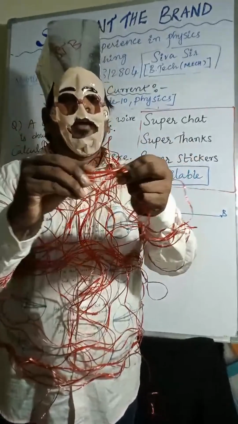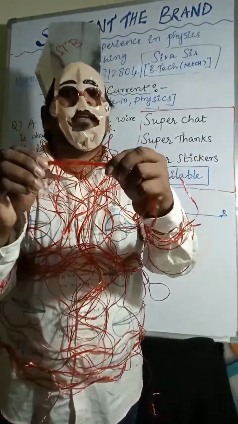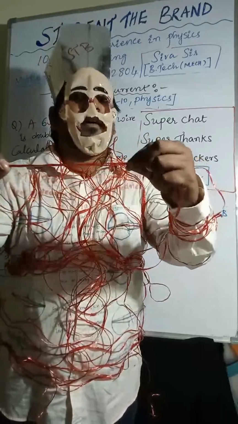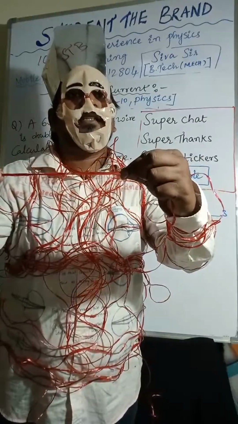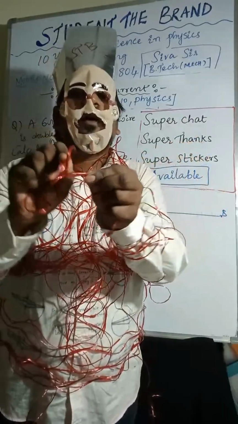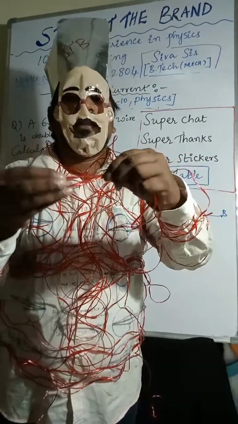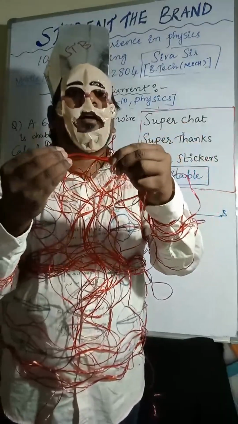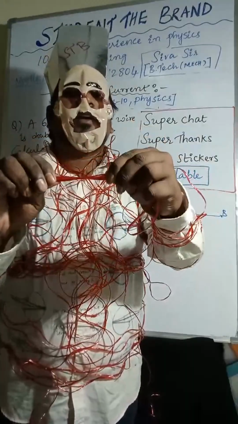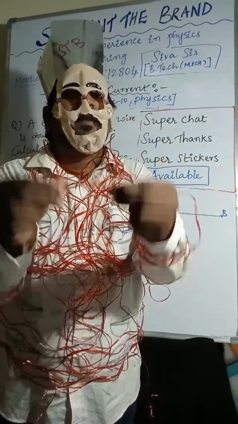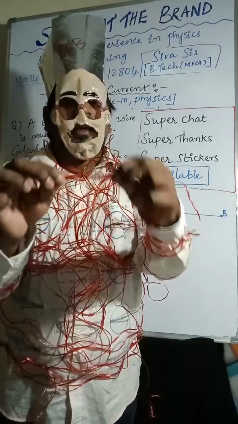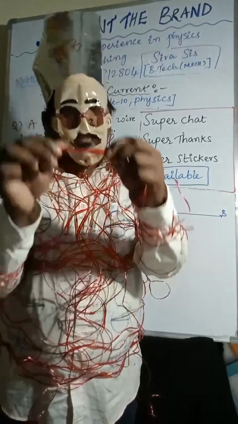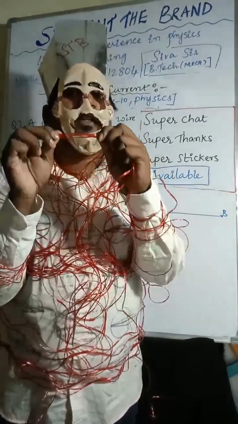Now you can observe in the previous case, when you are folding like this, the length becomes half and the area of the cross section is doubled. Yes or no?